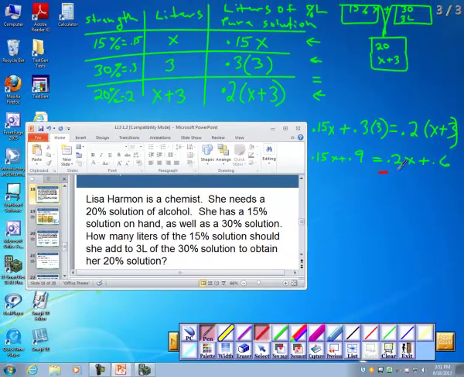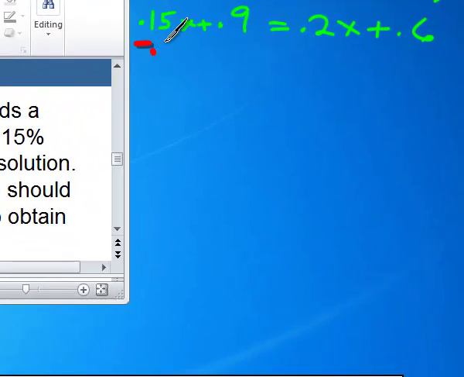Since this is like saying 0.20, and this is like 0.15, we're going to apply minus 0.15x to both sides.